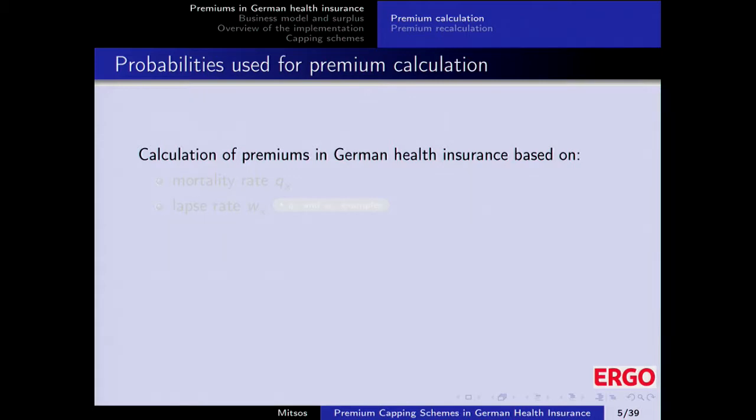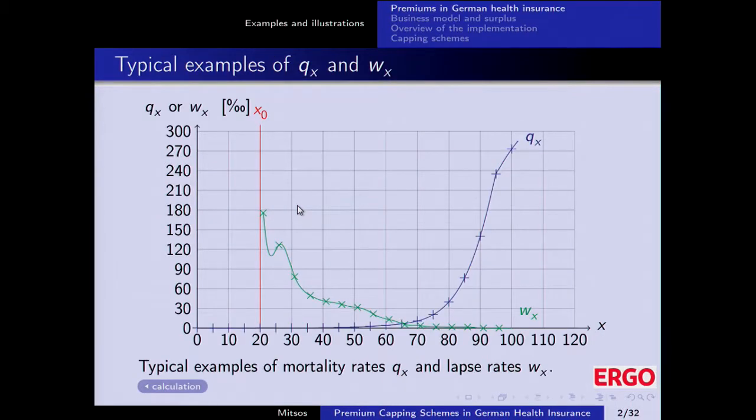How do we calculate our premiums? We base them on mortality and lapse rates. They're always taken into account. Example for mortality and lapse rates could be those. You see, in young years, people may contract us and lapse on the contract.